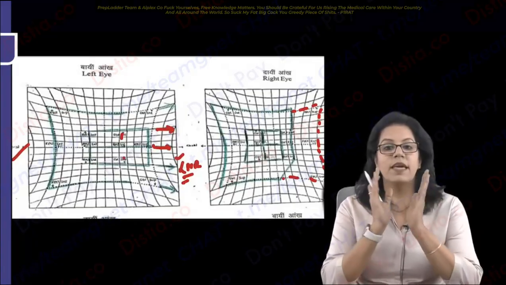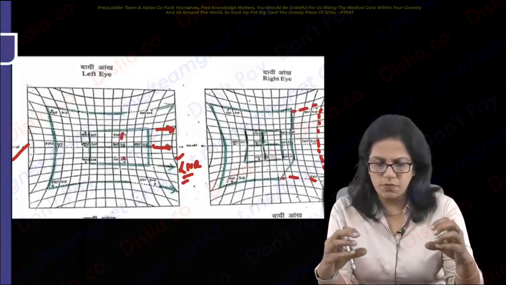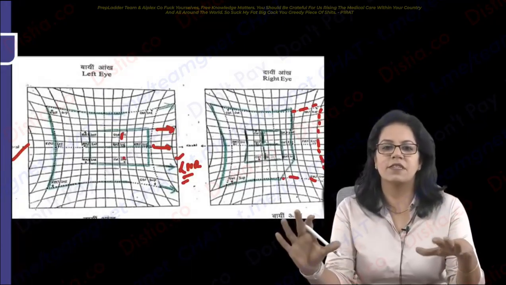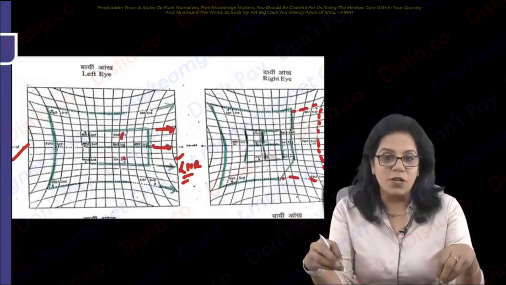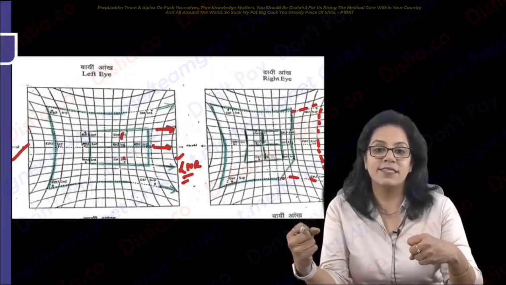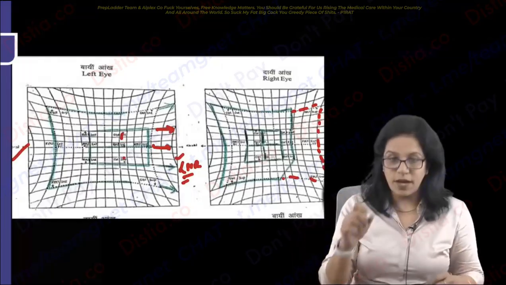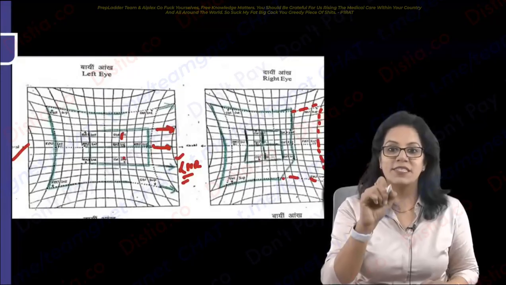So, this way, first of all, we quickly look at which field is looking smaller. That is the affected eye. Here, the right eye is looking smaller. What is the problem? We see that the lateral rectus is not working properly, it is under action. We also have to see whether the central fixation is correct or not.